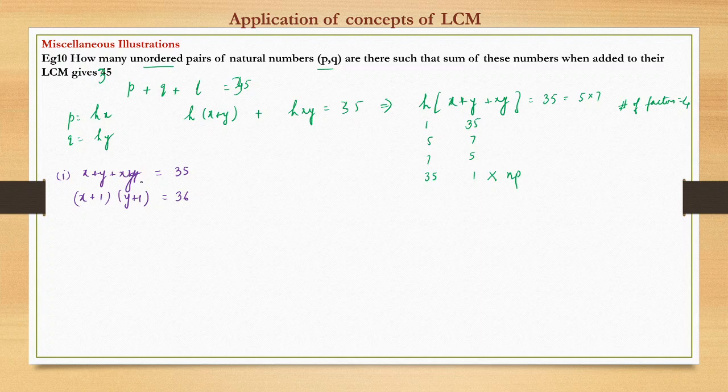Add 1 both the sides and then factorize. So this way we can get, and we know x and y are co-prime, right? So let us see in how many ways we can write 36.